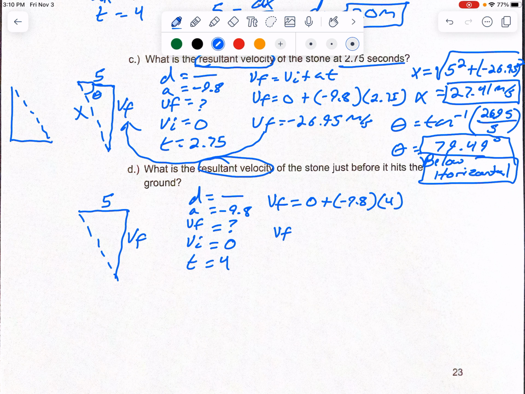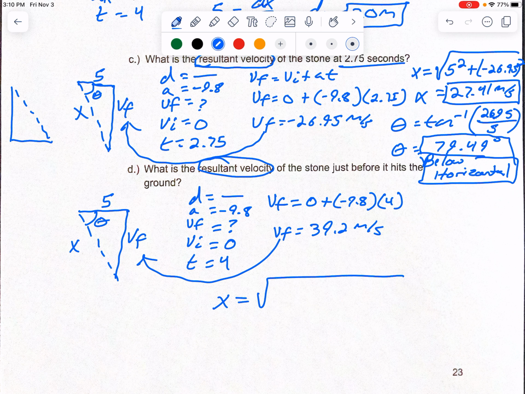So VF is going to come out to be 39.2 meters per second. Or you can leave it as negative. Honestly, doesn't matter. So now I'm going to plug that in to find my x and my angle. So x equals the square root of 5 squared plus 39.2 squared.